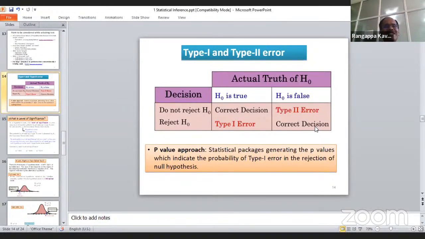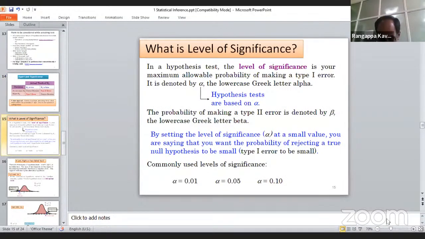But always you may find that here is the significance of the level of significance. Most of the time, I find that scholars are not very clear about the concept of the level of significance.